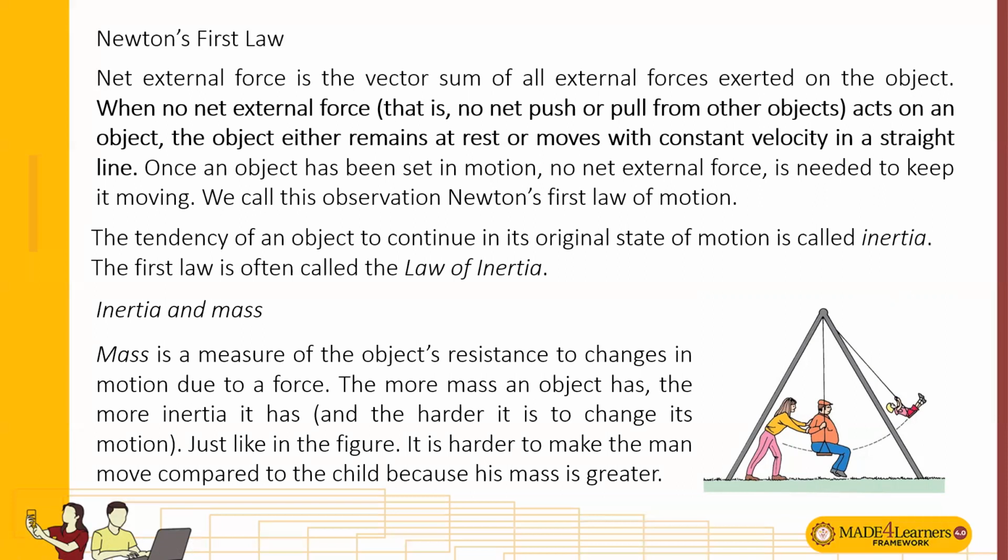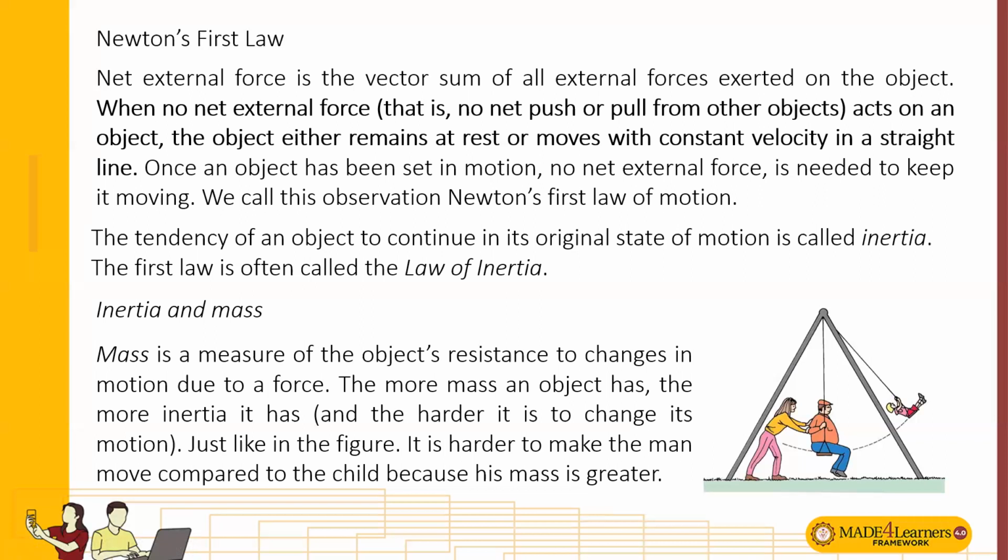Inertia, again, is the tendency of an object to continue in its original state of motion. If the object has more mass, the harder it is to change its motion, meaning the more inertia it has. So between the two, the child has less inertia because she has less mass. Take note, it's not weight, it's technically called mass.